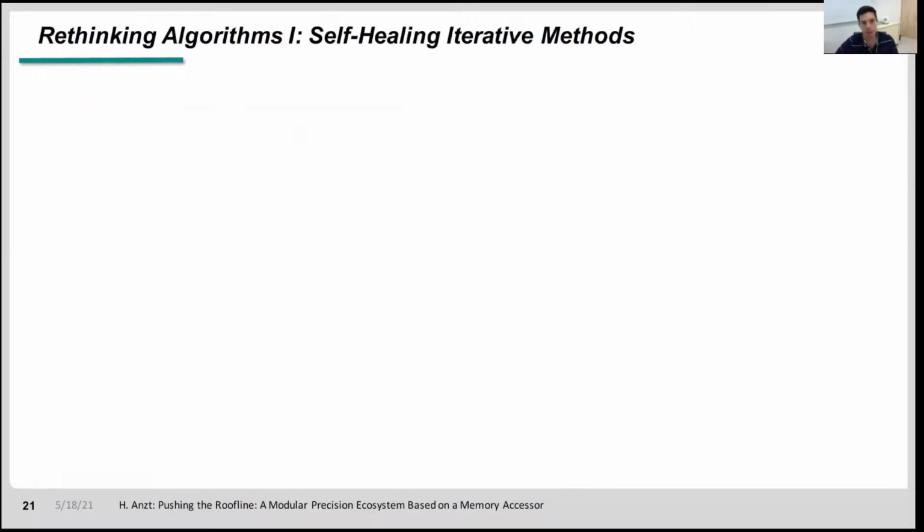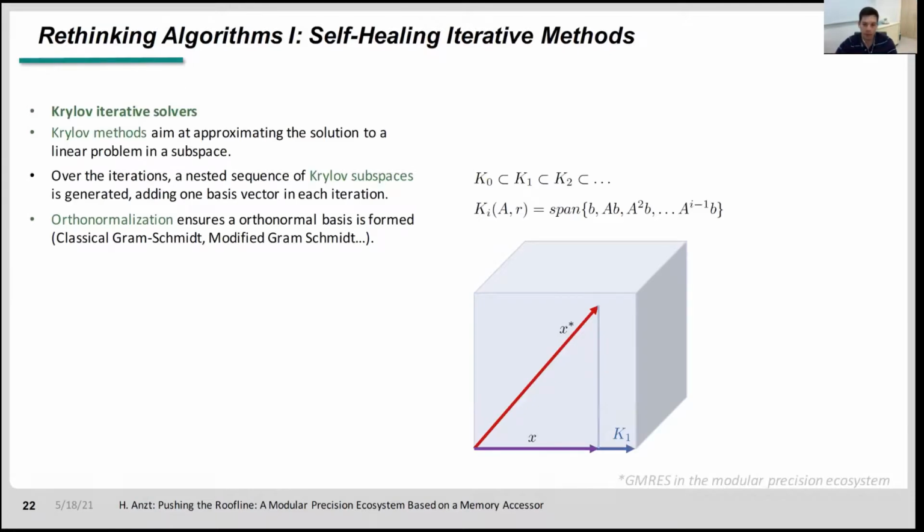I want to start with the self-healing iterative methods. The iterative method we are looking into is the GMRES Krylov solver. In general, the idea of a Krylov solver is to generate a subspace and to approximate a solution in that subspace. I try to visualize that here. We're looking for the solution x star.